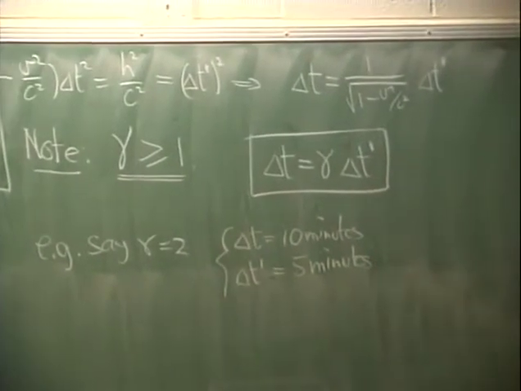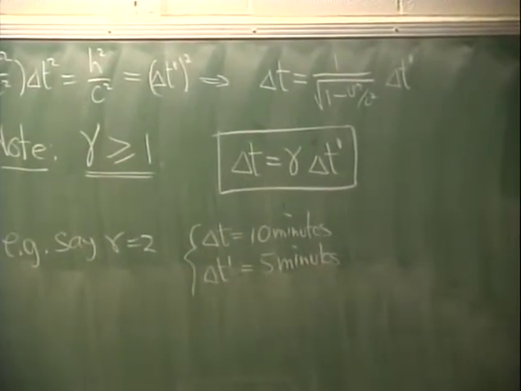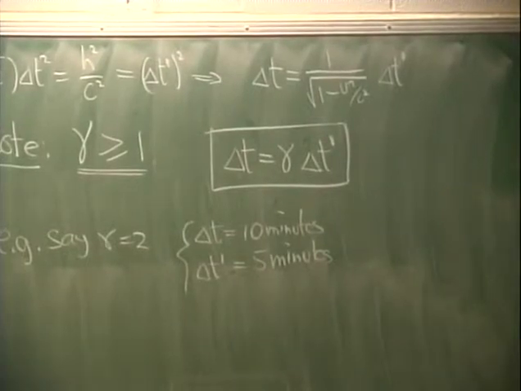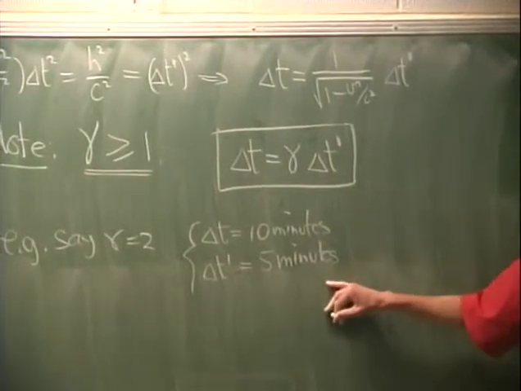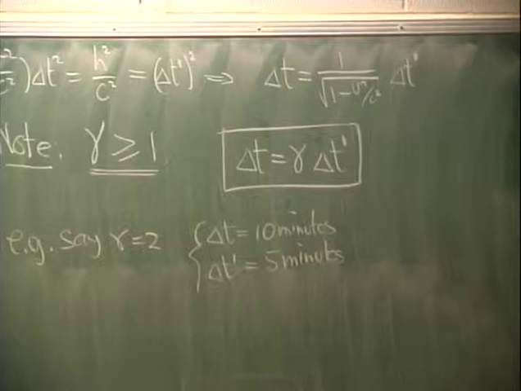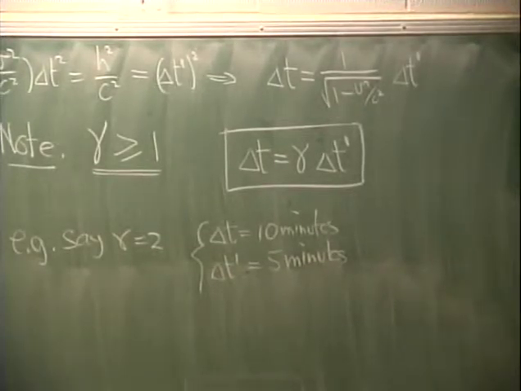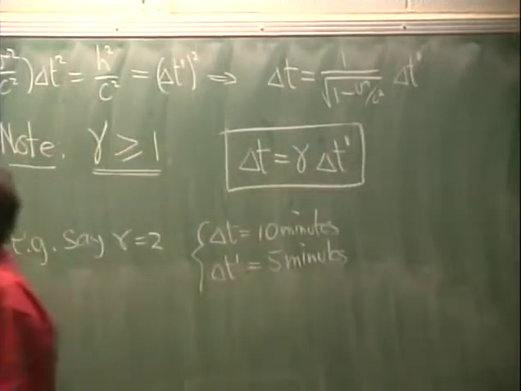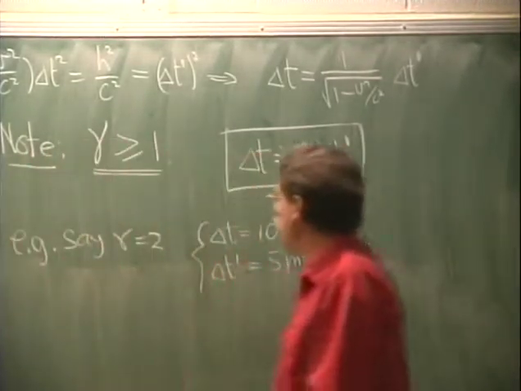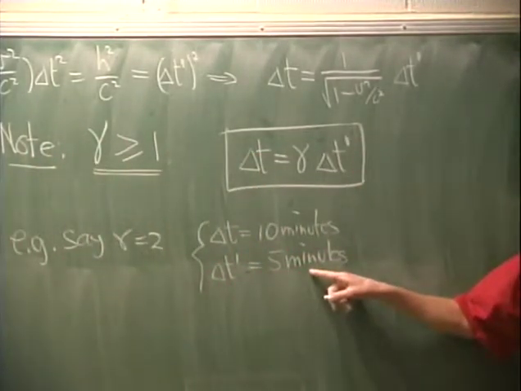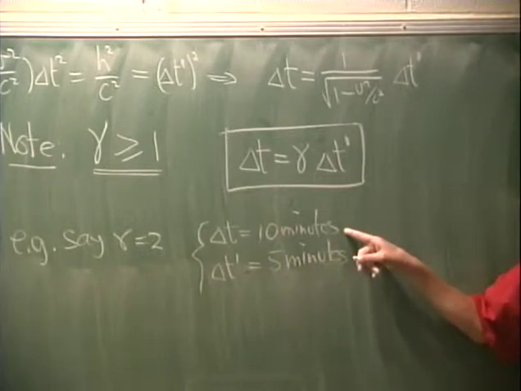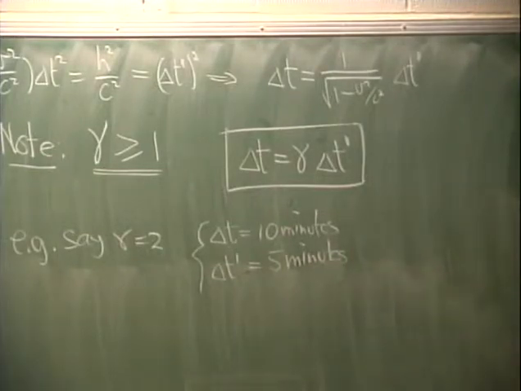So, for a process that took 10 minutes by a ground observer, it would take 5 minutes by the train observer. What exactly does this tell you? Suppose that we looked at the two clocks. The clock moving along with the train ticks off 5 minutes when our ground clock ticks off 10 minutes. What will we make of that? We'd say, hey buddy, your clock's running slow.